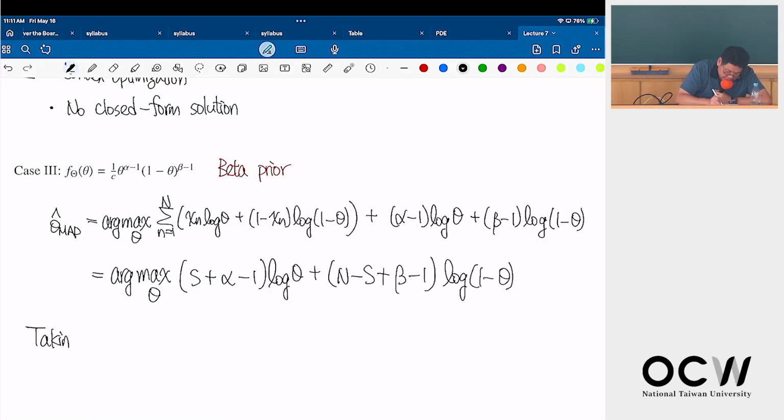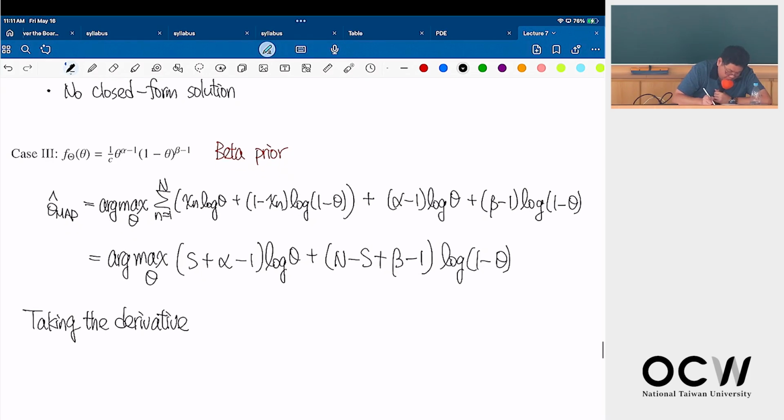Taking the derivative, (S plus alpha minus 1) divided by theta should be equal to (n minus S plus beta minus 1) divided by (1 minus theta).